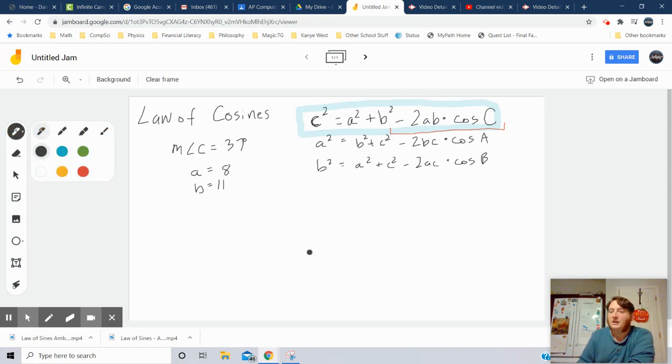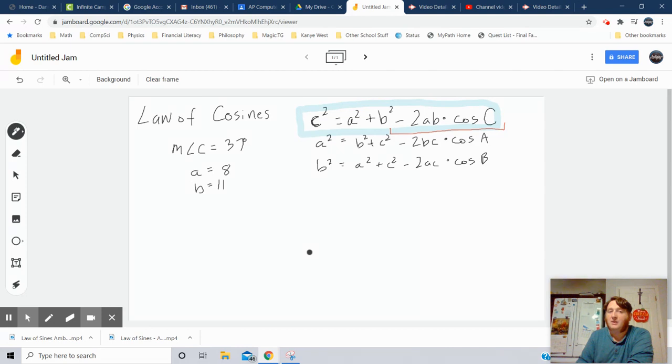I also told you that if angle C is 90 degrees, this part would become zero and go away, and it would just be the Pythagorean theorem. So actually the Pythagorean theorem is just a specific version of the law of cosines. Humans figured out the Pythagorean theorem first, and then after a long, long time managed to say, well, this is how it works when it's not a right triangle. They didn't have to be as specific anymore.